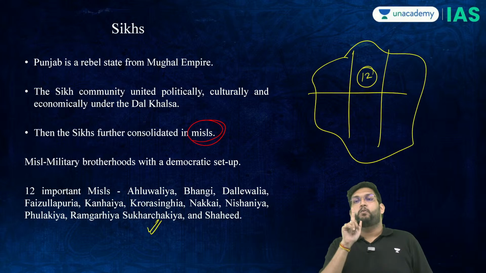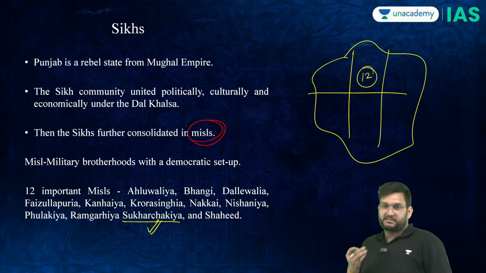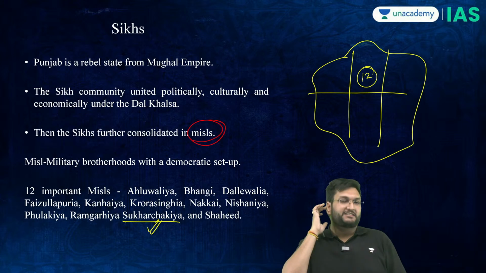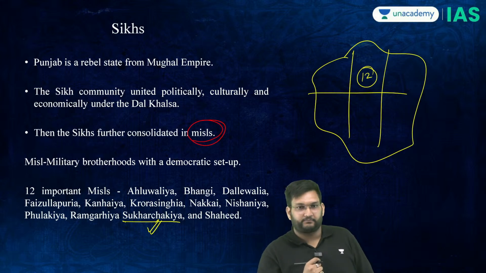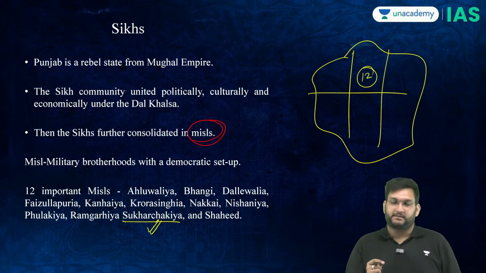And this is where one important personality in the Sukerchakia misl is going to realize, if we go in this direction, the Sikh empire is going to be divided into not one but 12 different states. His name, Ranjit Singh, also called Maharaja Ranjit Singh.